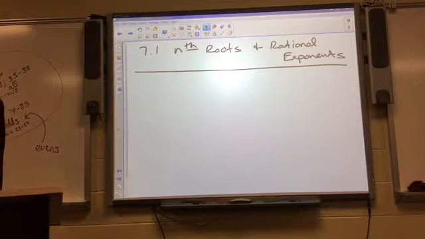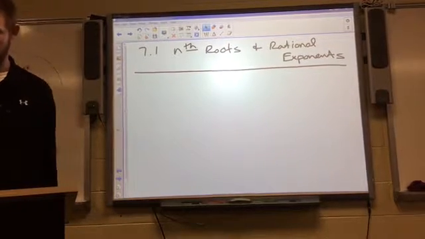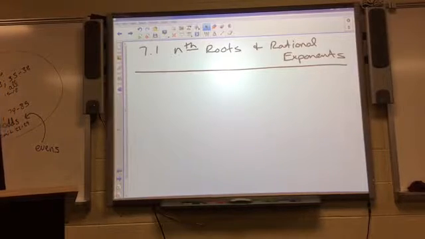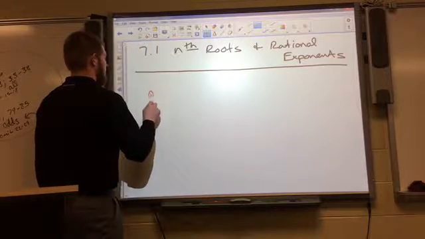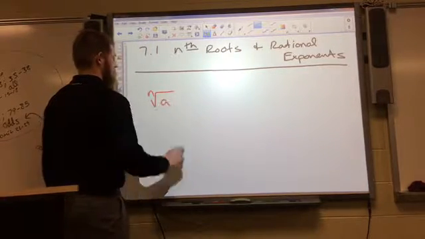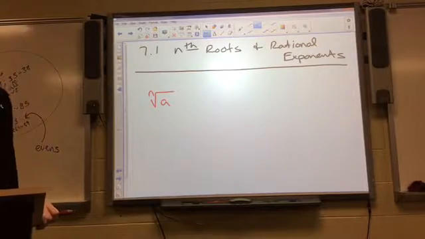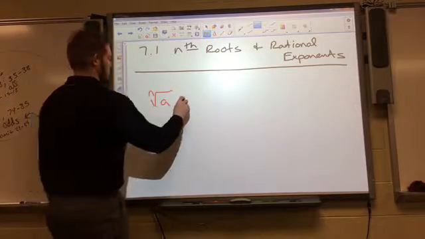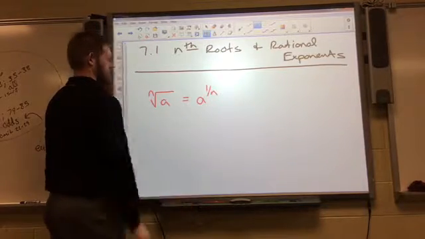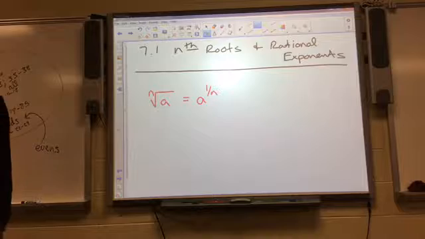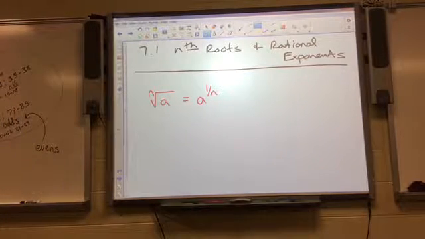What we have to remember, there's a couple things we do have to remember here. I'm not so worried about how many roots it has. We'll work our way into that. But if I have the nth root of a, we have to understand that that is equal to a to the power of 1 over n.